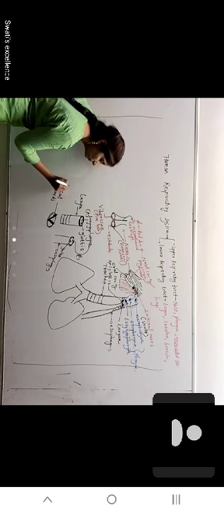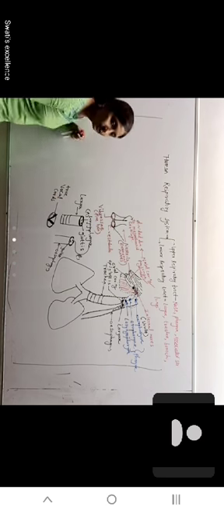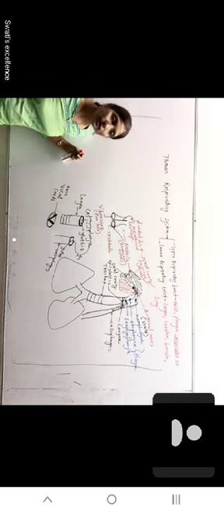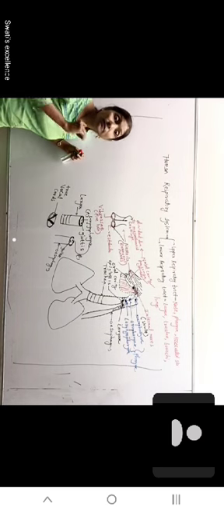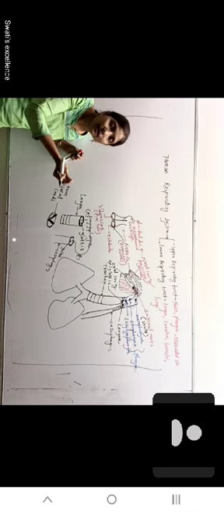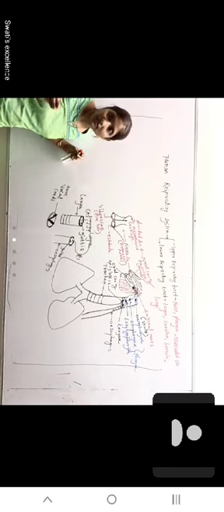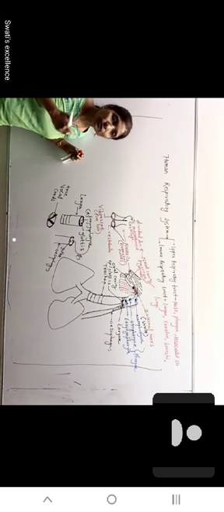Why true? Other animals also have vocal cords, but they can do only sound production. They cannot do phonation. Phonation means they cannot develop speech. They cannot speak a word or a sentence.